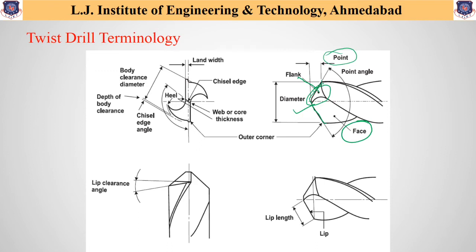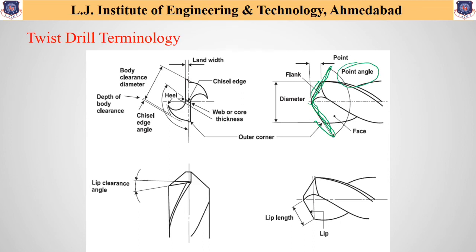Now, as one can see, these edges make a certain angle, and this angle is called the point angle. As one can see here, this particular angle which is made at the point is called the point angle.